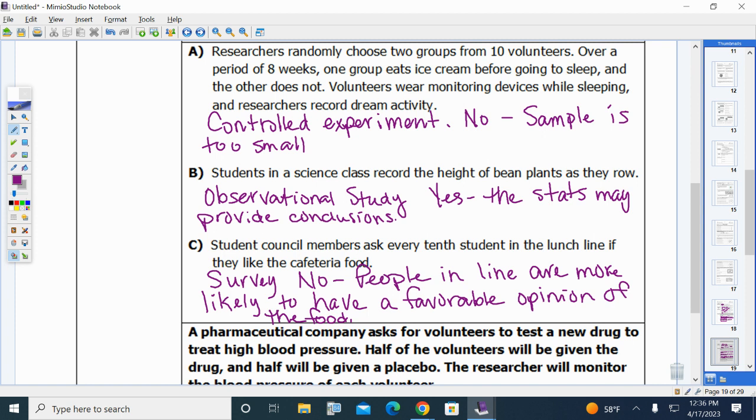And what that leaves us to conclude here is that those people that are not in line are obviously not going to be favorable about the food.